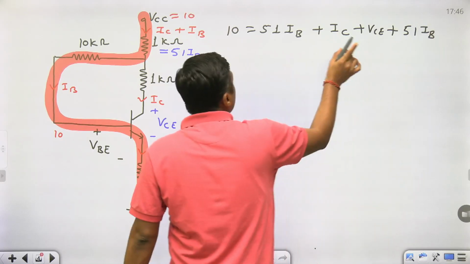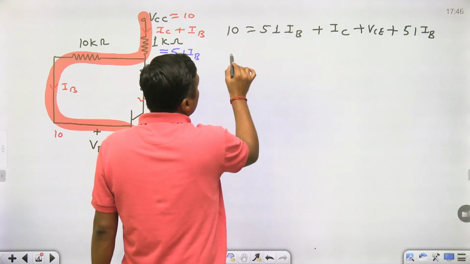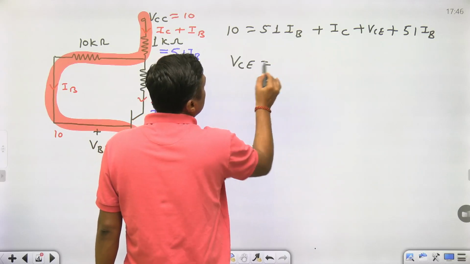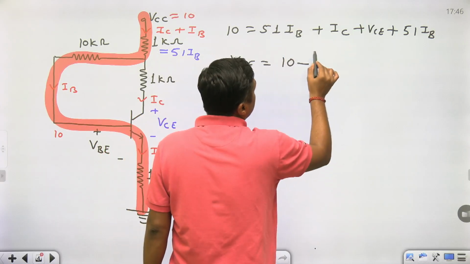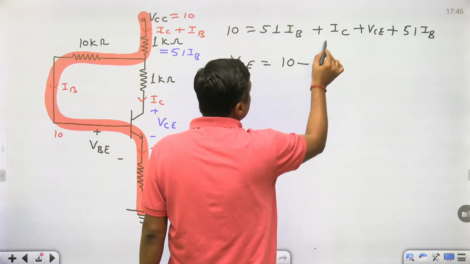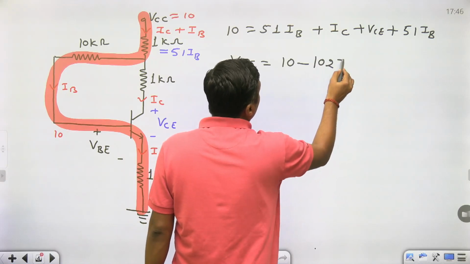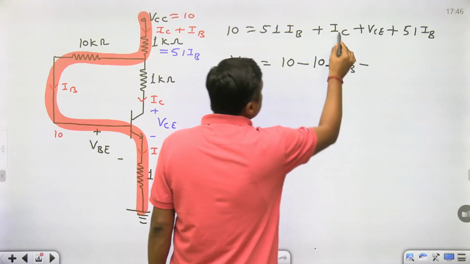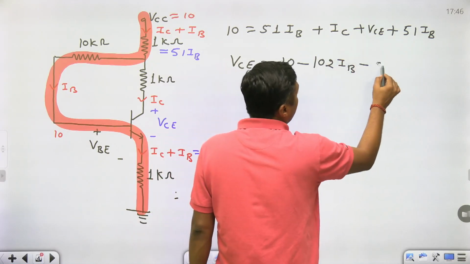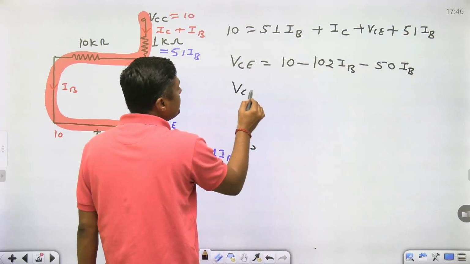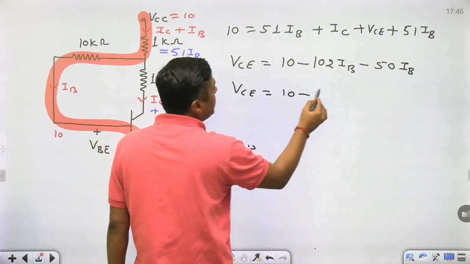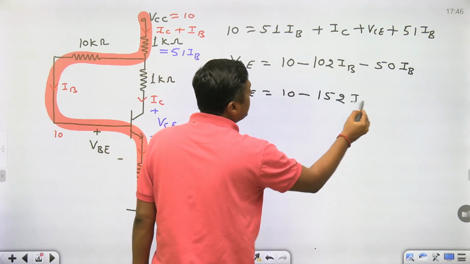Now guys, what is the VCE? VCE is equal to 10 minus 51 plus 51, 102, and what is the IC here? 102 times IB minus IC. What is the IC? Beta times IB, 50 times IB. So you can write VCE is equal to 10 minus 152 times IB.